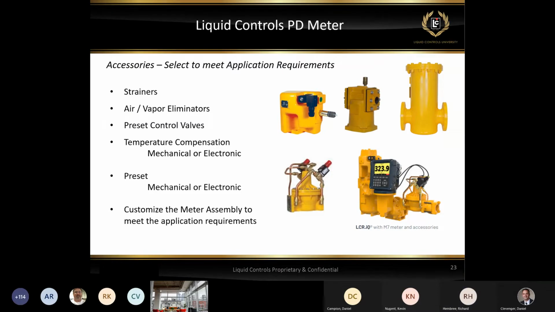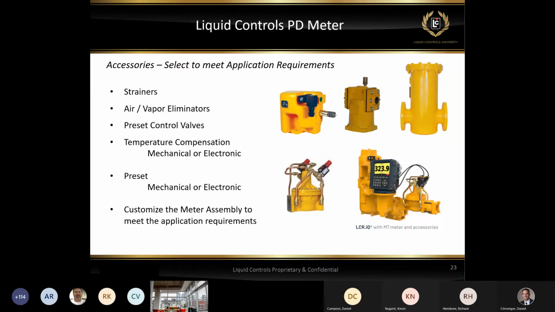Temperature compensation, we have both mechanical and electronic. Mechanical was used certainly for many, many years, but it has its limitations, but it also has its pluses. For instance, it doesn't need electricity. So in areas where electrical concern is present, maybe mechanical register temperature compensators are still being used.